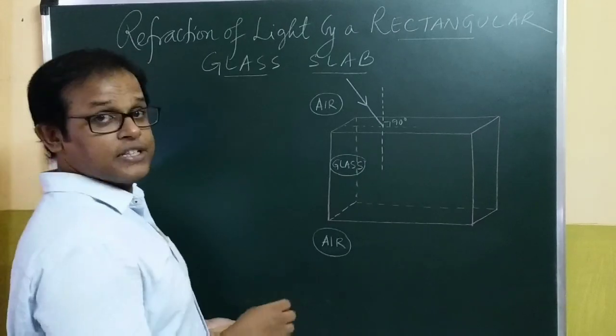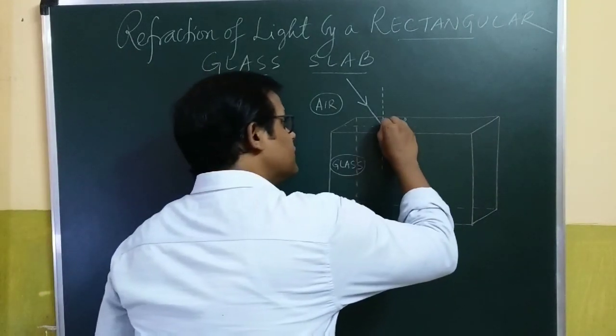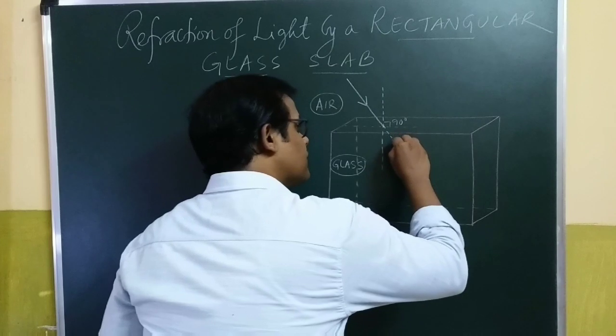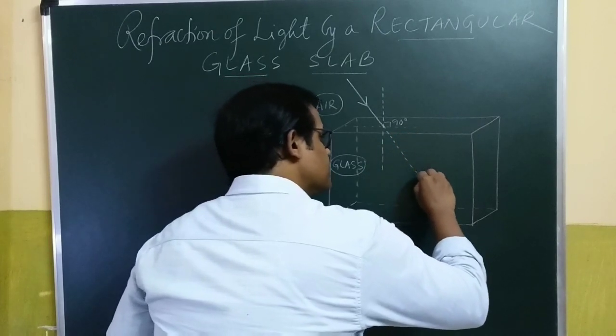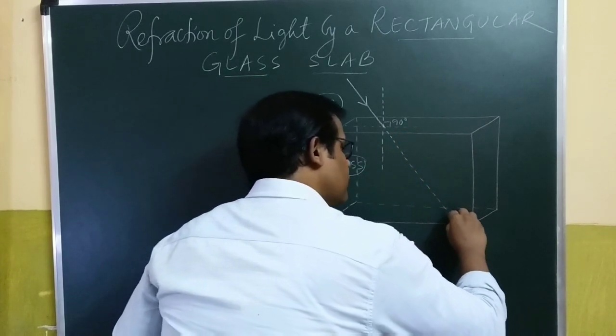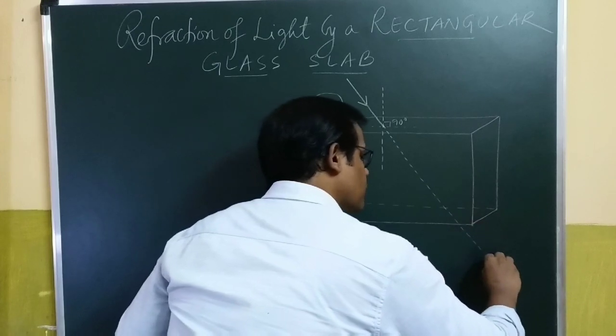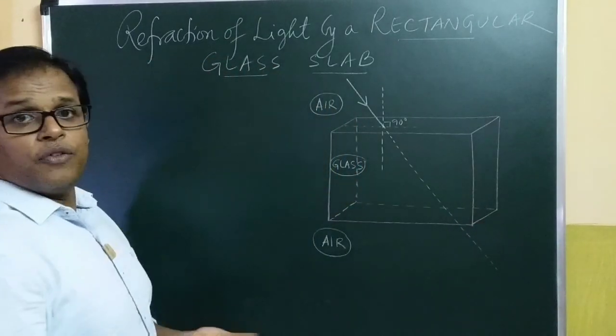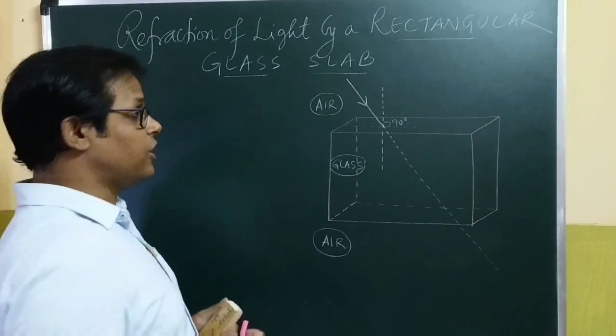Those who have been following class sincerely know that this ray of light, in reality, does not go straight out. There is a visualized imaginary straight path.